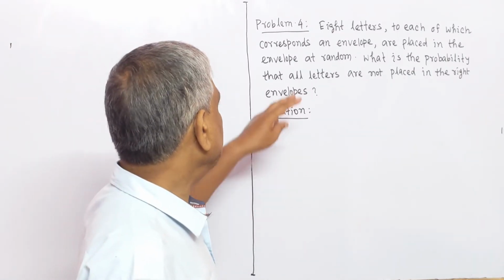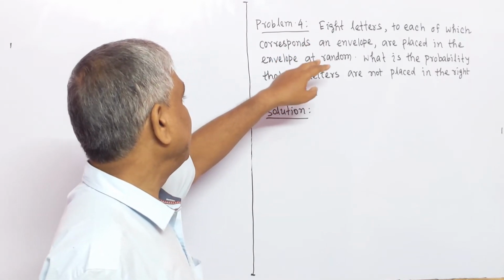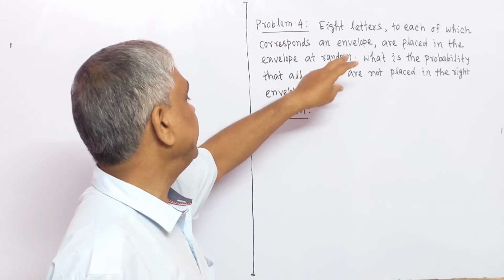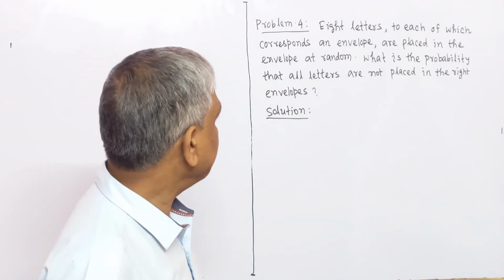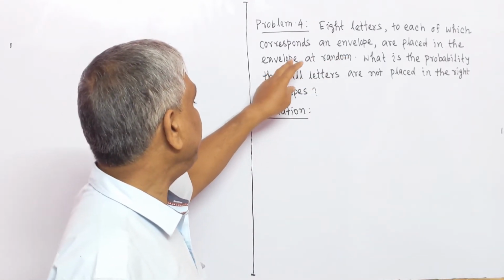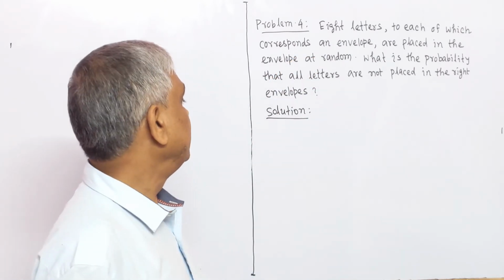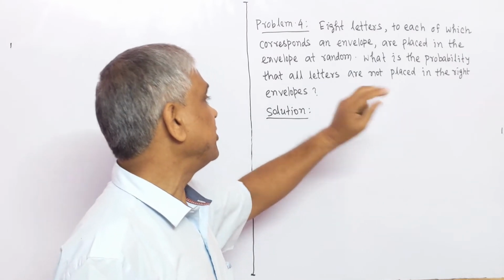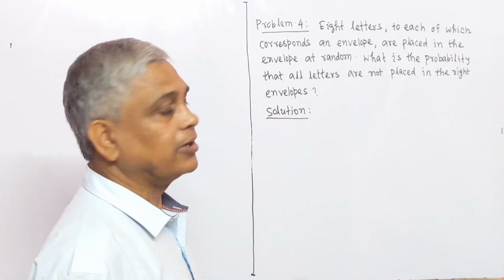Now we solve the next problem. Problem is 8 letters to each of which corresponds to an envelope are placed in the envelope at random. What is the probability that all letters are not placed in the right envelopes?